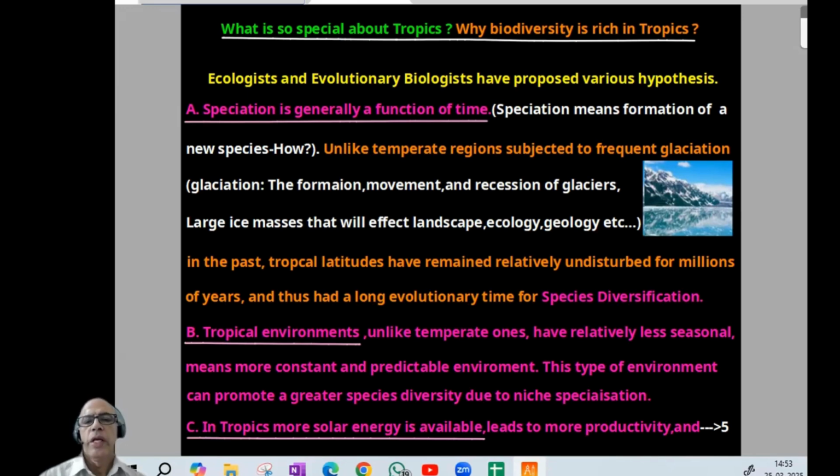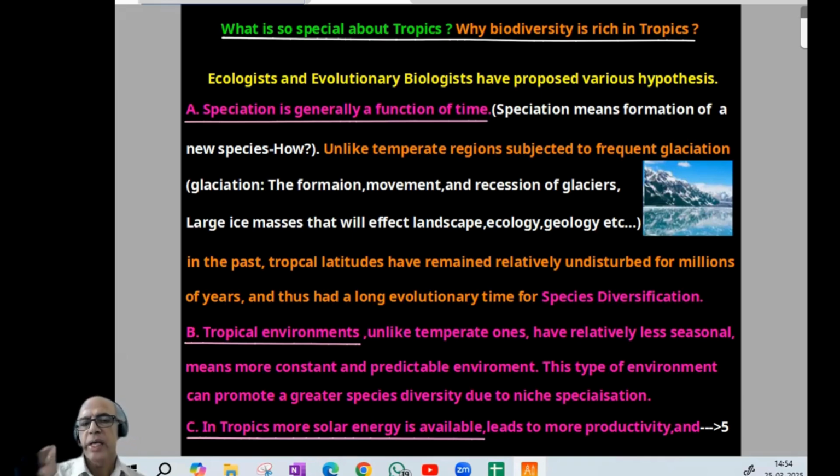A, or 1: Speciation is generally a function of time. So we should know what speciation is. Speciation means the formation of a new species. How, or why here, more species, more biodiversity? Unlike temperate regions, subject to frequent glaciation. So we should know what glaciation is. I've given a photograph there and a definition below it. Glaciation means the formation, movement, and recession of glaciers, that means large ice masses that affect landscape, ecology, and geology, etc. That is connected with glaciation.